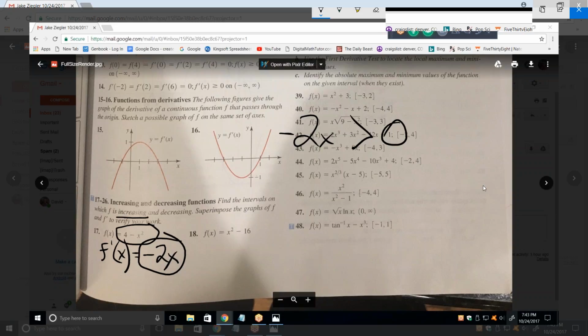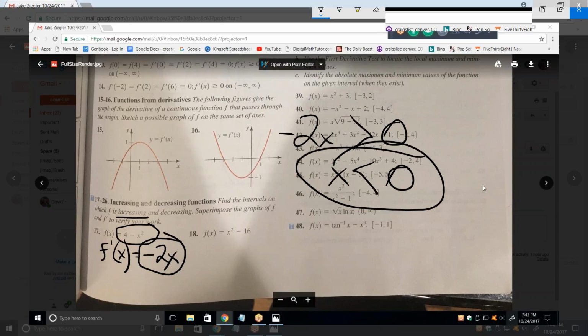If I divide both sides by minus 2, I got to switch the direction of the inequality. There's your answer to that. In other words, the first derivative is positive whenever x is negative, correct? That's where the original function is increasing.